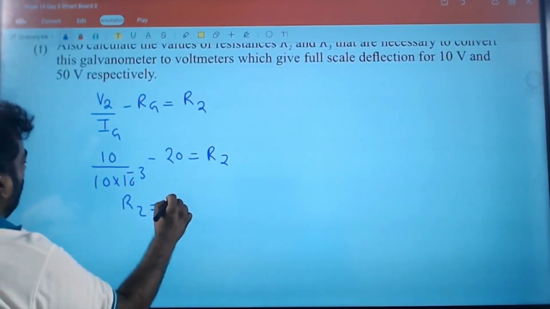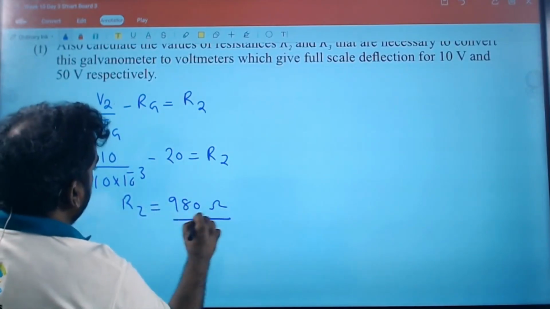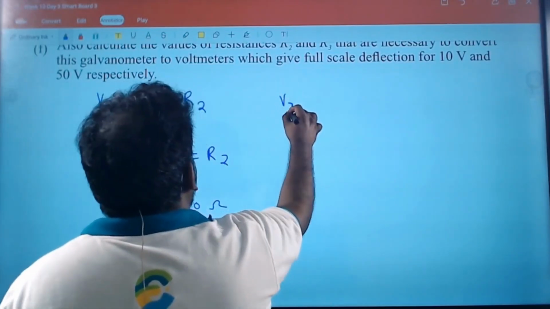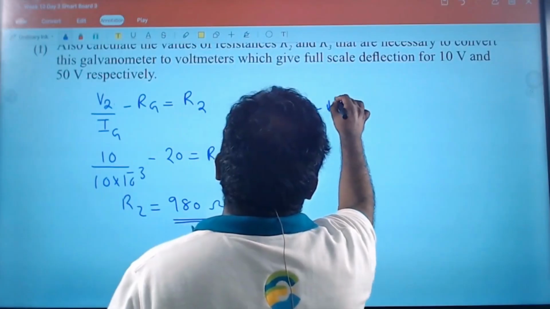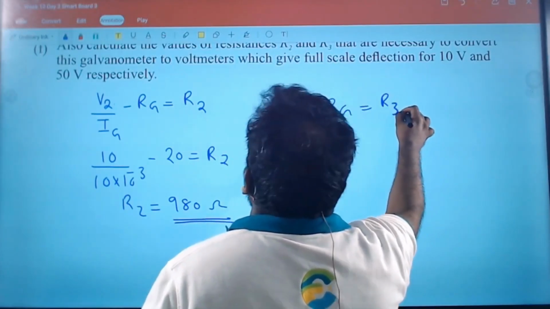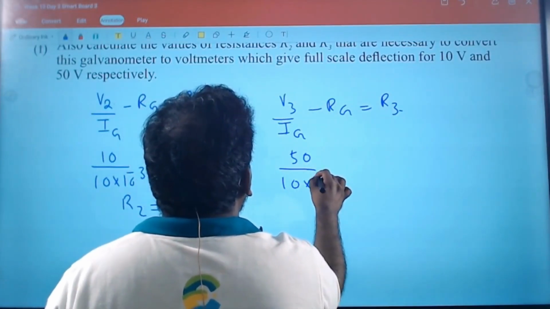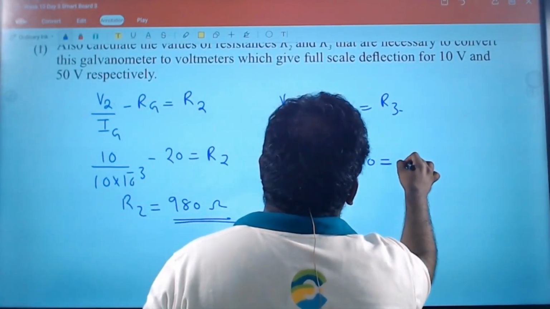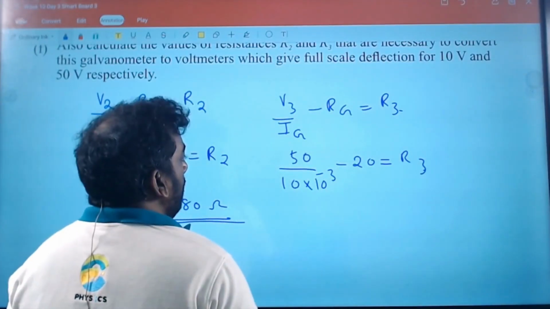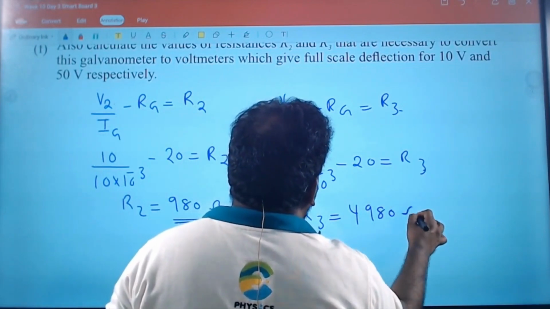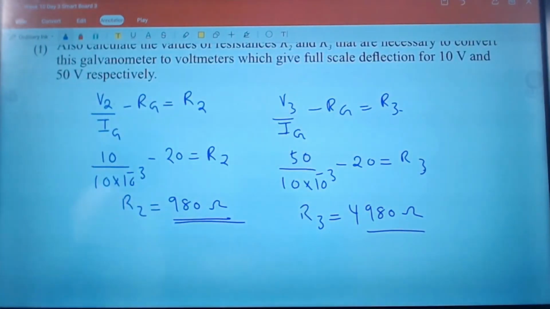R2 is equal to 980 ohm. Similarly, V3 over IG minus RG is R3. With 50 volt, 10 milliamperes, and RG 20, R3 is 5000 minus 20, 4980 ohm. Okay.